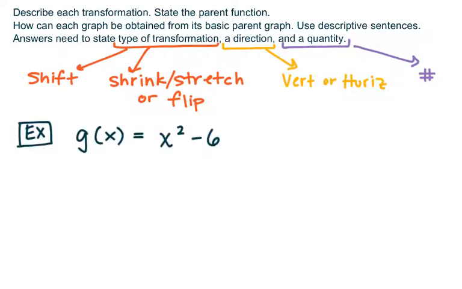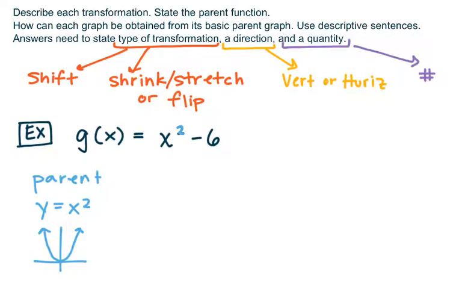Our first example is g of x equals x squared minus 6. So very quickly, that squared lets me know that my parent graph is going to be y equals x squared. So the most basic squared graph I can come up with is this parabola opening up with a vertex at the origin.